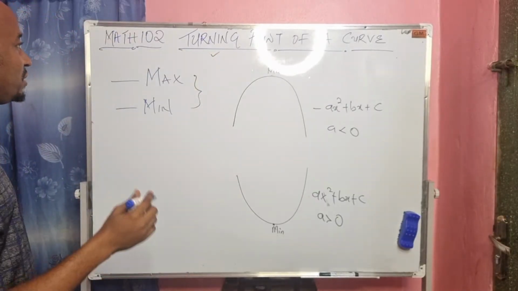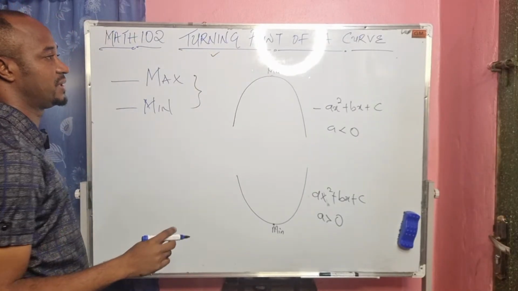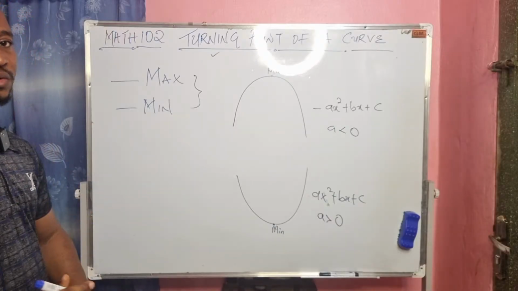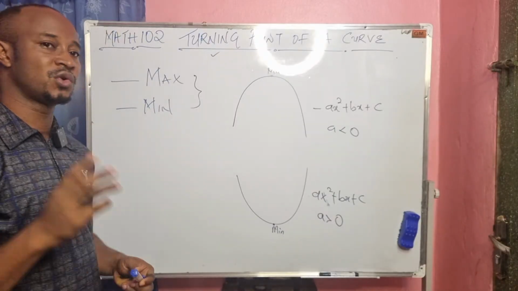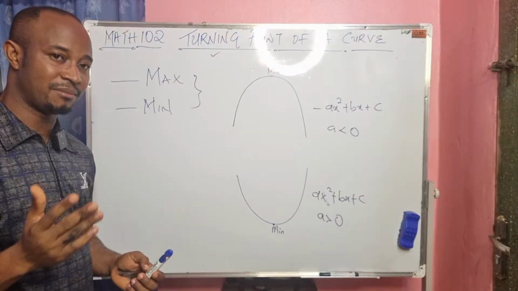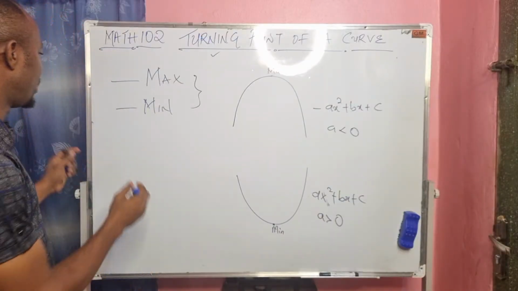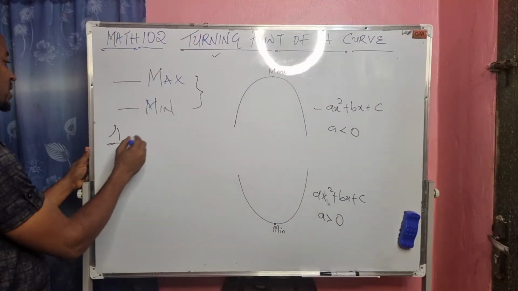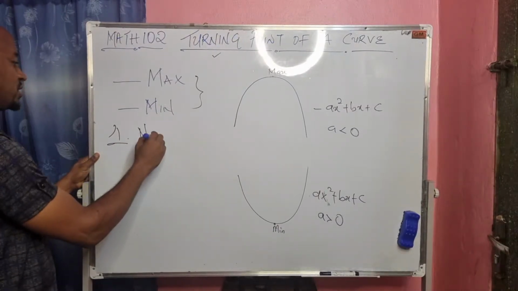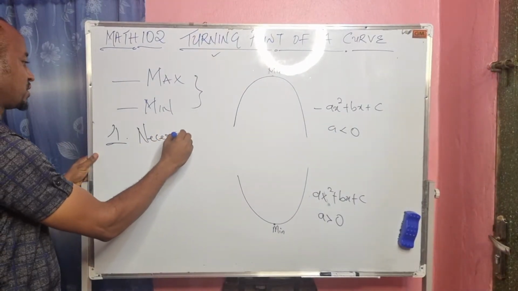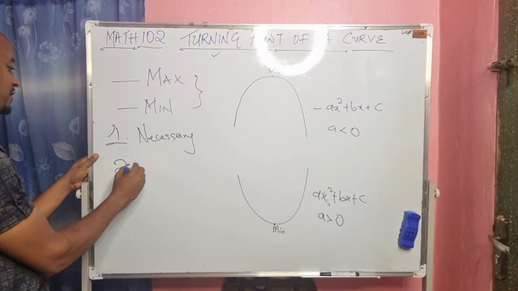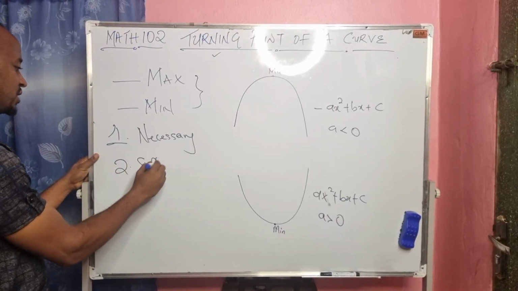And we'll say that at the turning point of every curve, dy/dx is equal to 0. And we'll say we have two conditions to determine the turning point of a curve. We have the first condition, which is called the necessary condition. Number two, we have the sufficient condition.